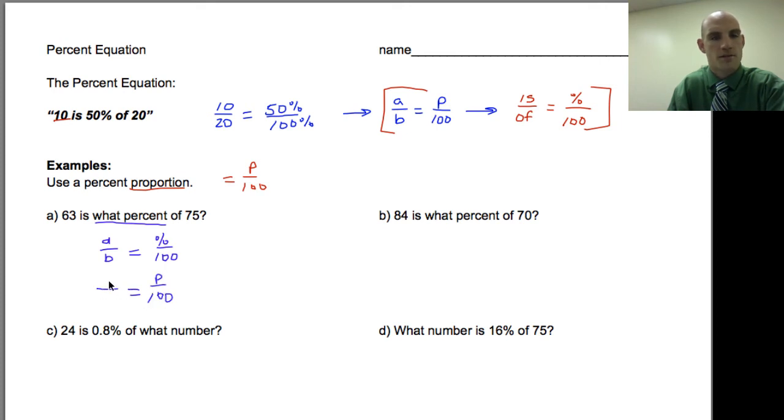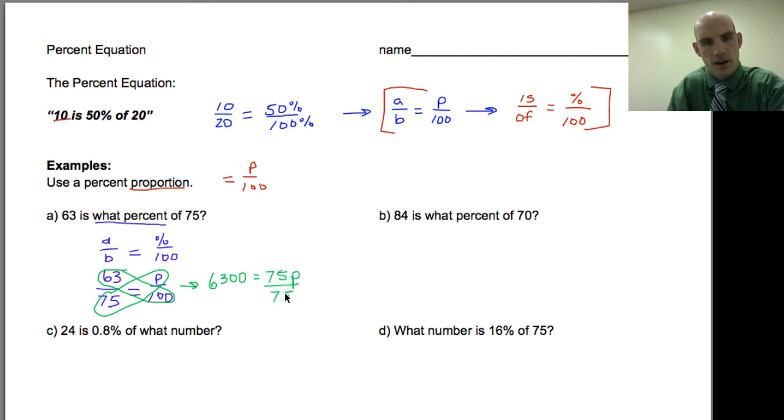And then I have to set up this fraction. 63 is what percent of 75? So out of 75, I have 63. And so then I can just solve it like a normal proportion. I can use my cross products method. And I'll end up with 6,300 equals 75p.